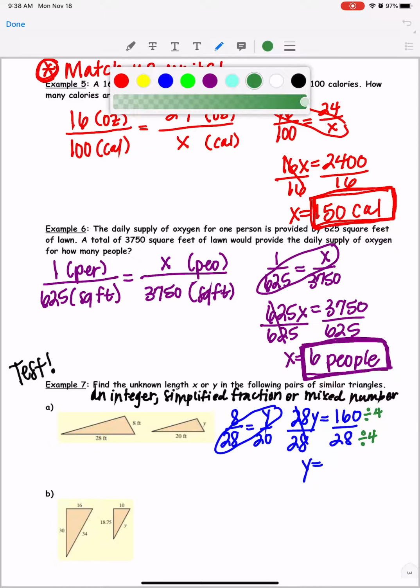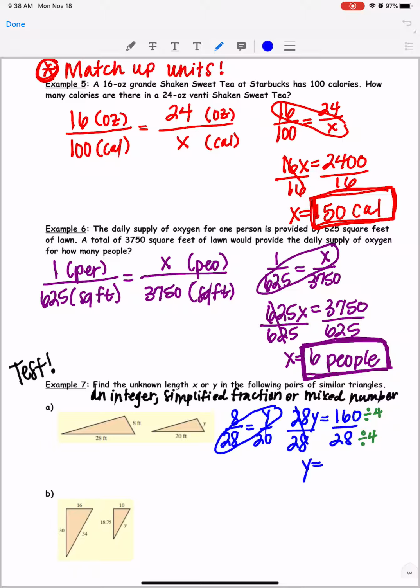So when I divide those by 4, 160 divided by 4, I think is 40. Am I going crazy? Okay. Is 40. 28 divided by 4 is 7. That is as simplified as that fraction can get. I can't divide anything else into 40 or 7.